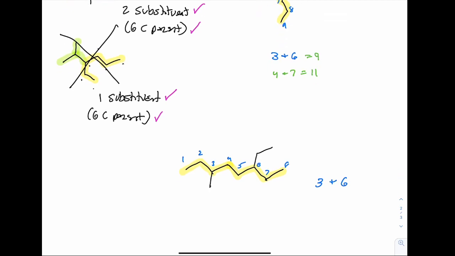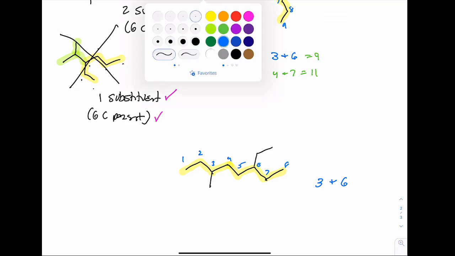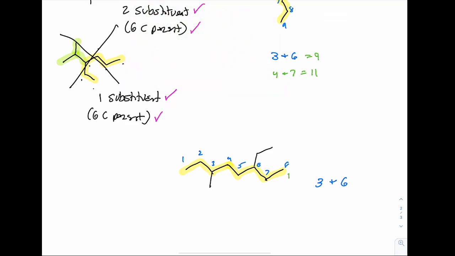Those are the carbon numbers where those branches are coming off. If I go the other direction, I have a branch on carbon 3 and a branch on carbon 6. So either one of those, it adds up to 9.